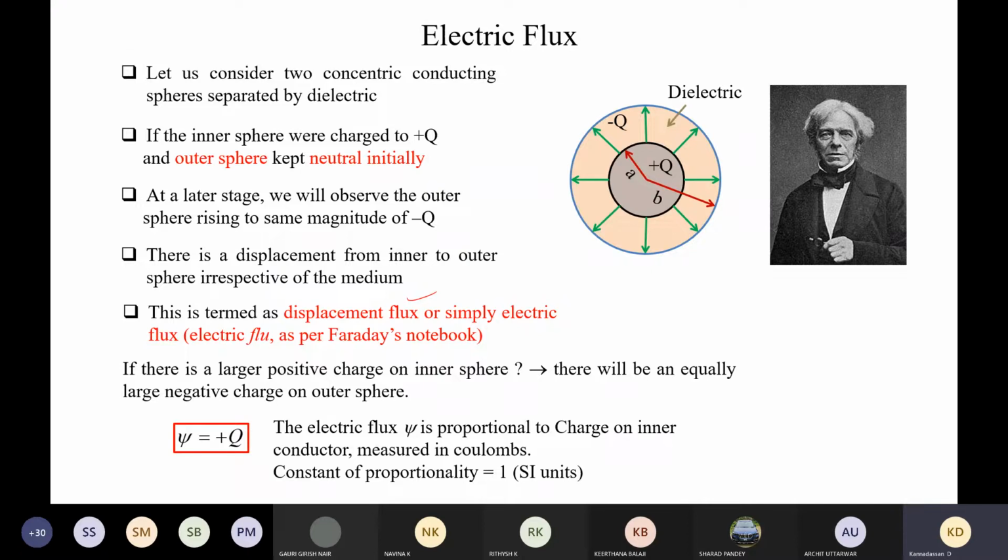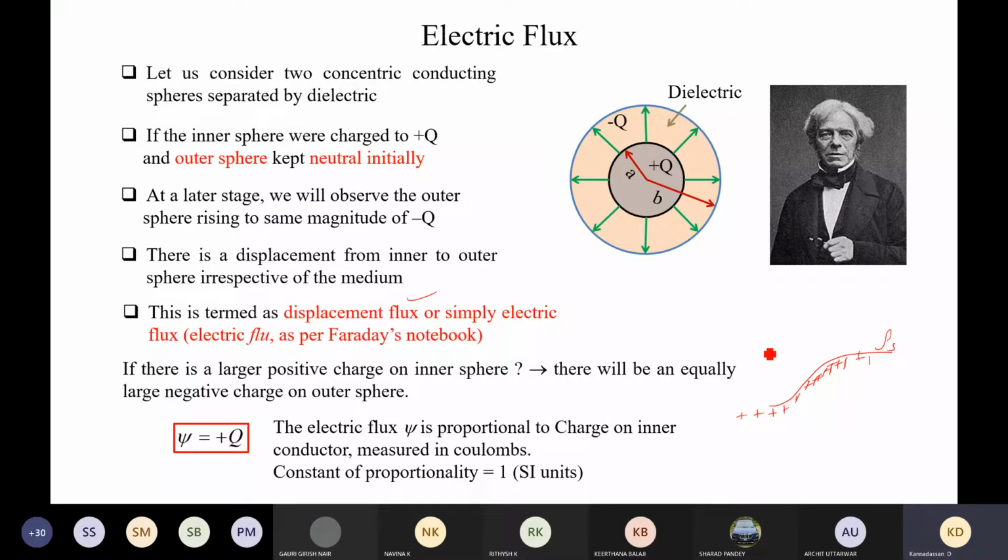The flux itself means the number of field lines per unit area. So let's say there is a shape here, and here more accumulation of charges is available, and as it goes, the charge density is relaxed. So we can say that the surface charge density here is very high, and here it is very low.